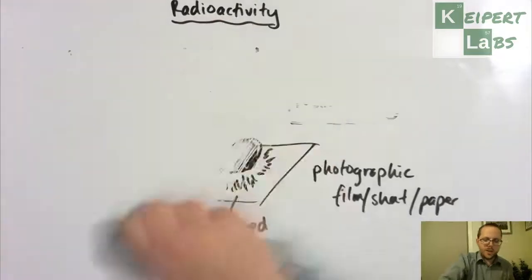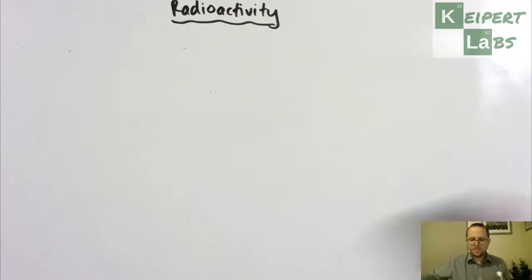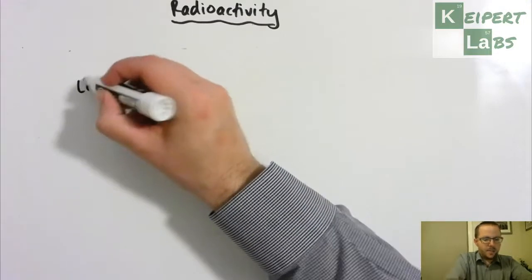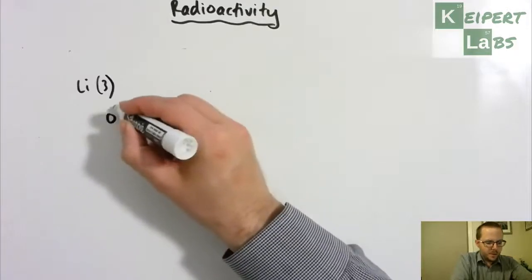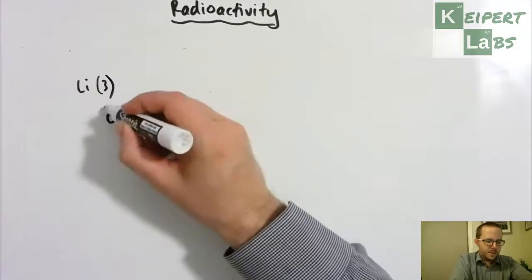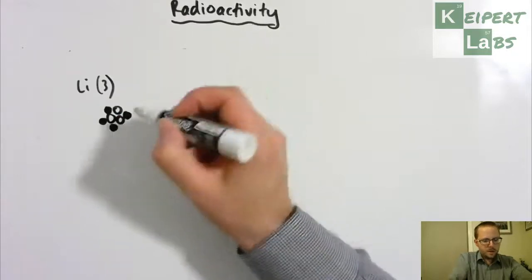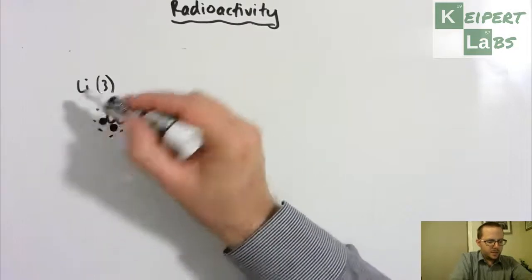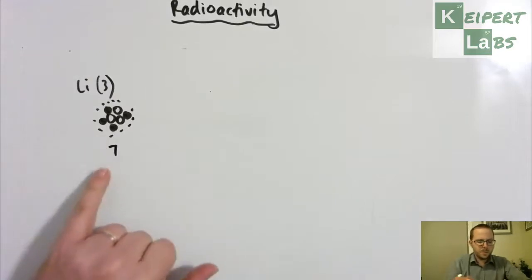Okay, and so to try and understand a little bit more about why substances are radioactive, we need to come back to the nucleus. Say we have an atom of lithium. Lithium has an atomic number of 3, which means it's got 3 protons in its nucleus and typically 4 neutrons. So we've got 7 particles altogether, a mass of 7.